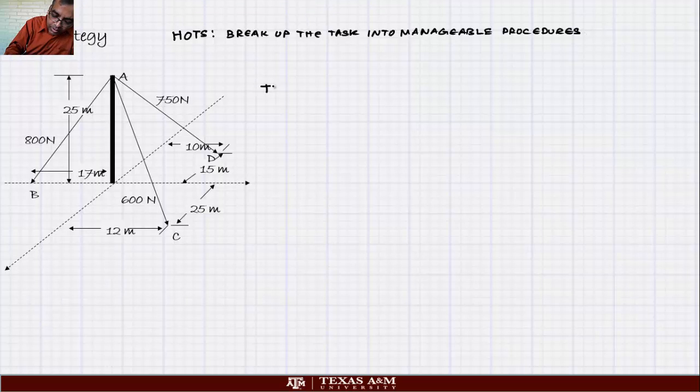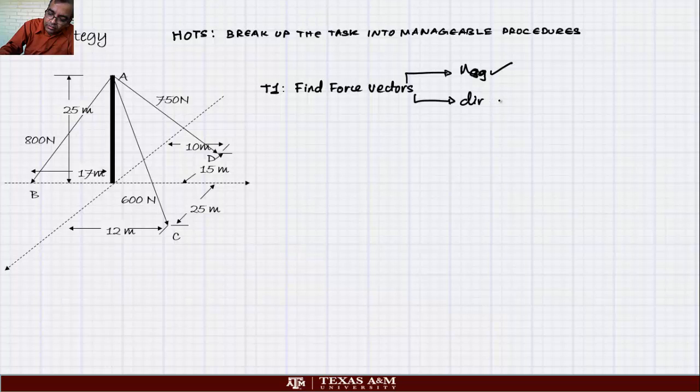Task number 1. What do we have to do? We have to find the force vectors. Can we do it? Yes, we can. How do we do that? I need to know the magnitude, and then I need to know the direction. The magnitude is known, and the direction requires calculation.